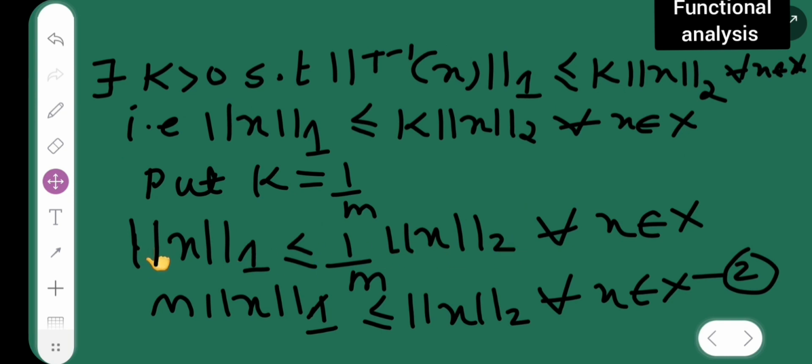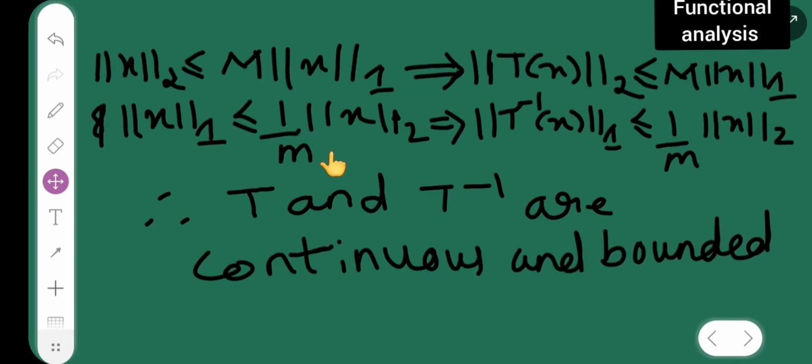From norm of x1 less than or equal to 1 upon m norm of x2, it implies that norm of T inverse of x is less than or equal to 1 upon m norm of x2. Therefore, T and T inverse are continuous and bounded. So I can say my T and T inverse are continuous and bounded, okay? This part I have understood, right?